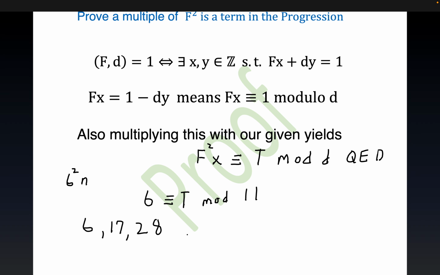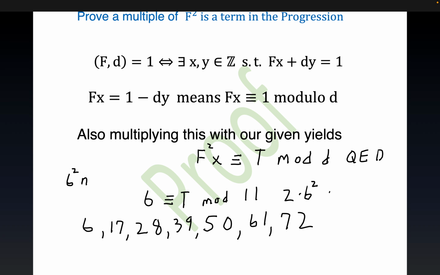So 28, 39 when you add 11 to 28, 50 when you add 11 to 39. What's next? 61. And you can see it coming up, can't you, ladies and gentlemen? We have 61. If you add 11 to 61, you get 72. But hurrah, because that's 2 times 6 squared, right? 2 times 6 squared, which is exactly the form: a multiple of our first term squared.